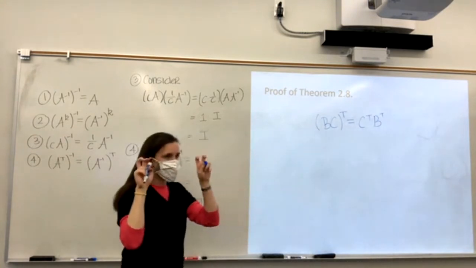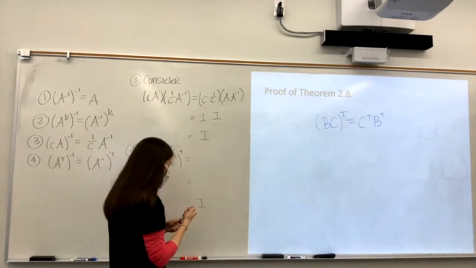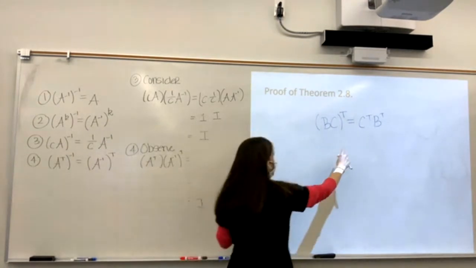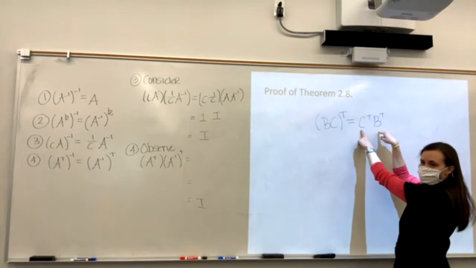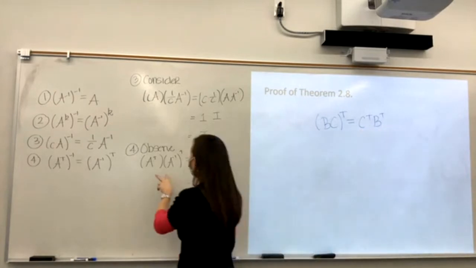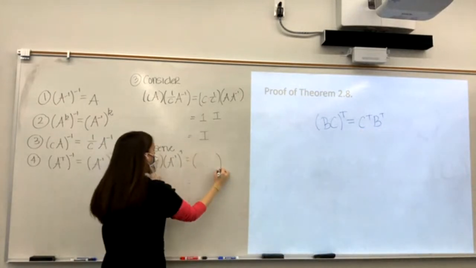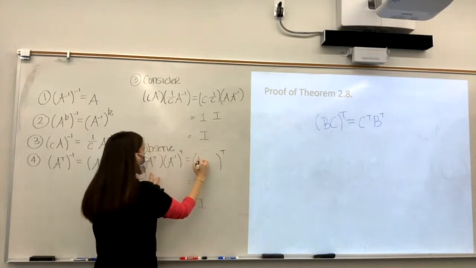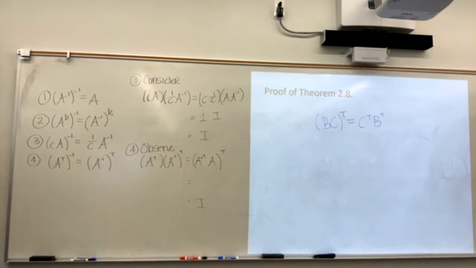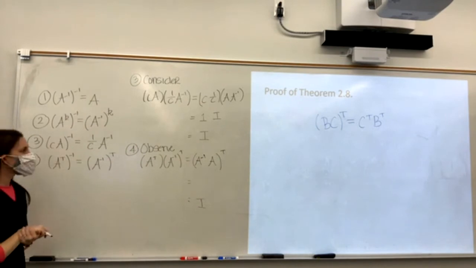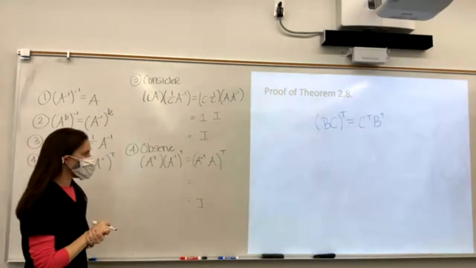I'm allowed to distribute the transpose, but the order flips. So here I'm going backwards, right? I have A transpose times A inverse transpose. When I put them together under a single transpose, the order will flip. So that'll be the transpose of A inverse times A.